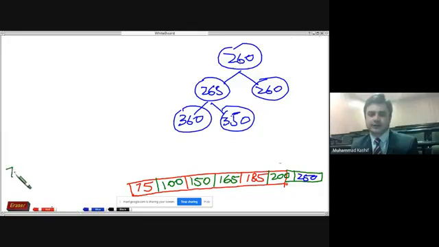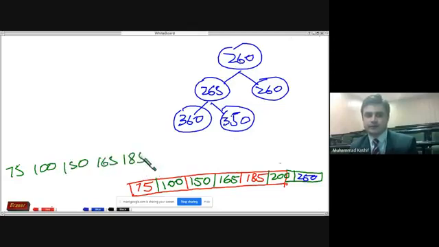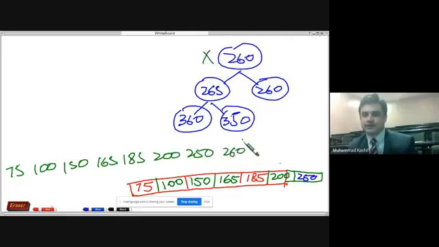First element is 75, second element is 100, third element is 150, next 165 and 185, and 200, 250, and the next element is 260. 260 would be placed here, and the last element is basically 350.